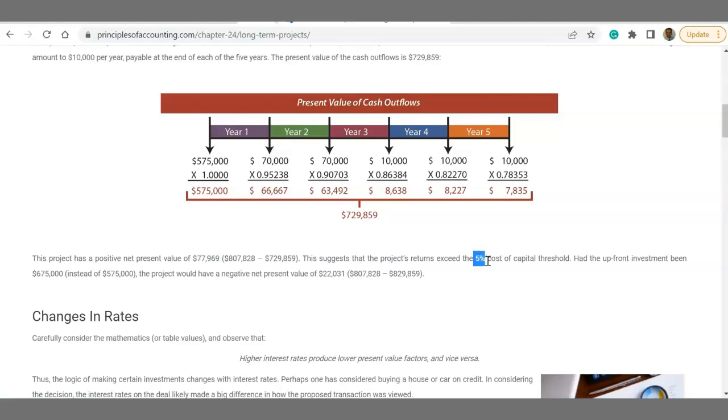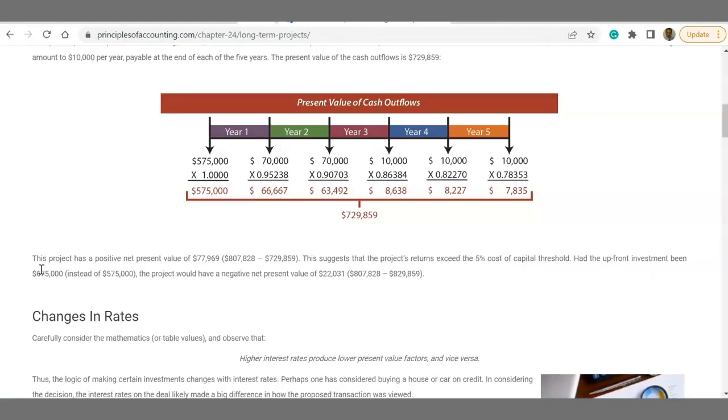And what is the 5%? It is based on the cost of capital for the company, which is the weighted average cost of capital, hurdle rate, or minimum required rate of return. This is the minimum the company needs to produce in order to survive, just paying the cost of the capital.